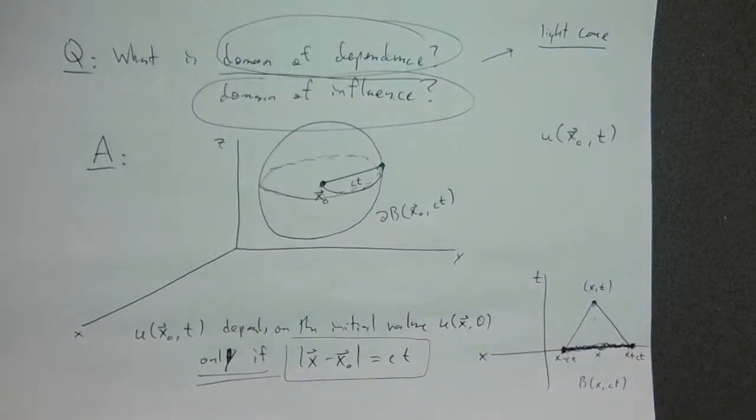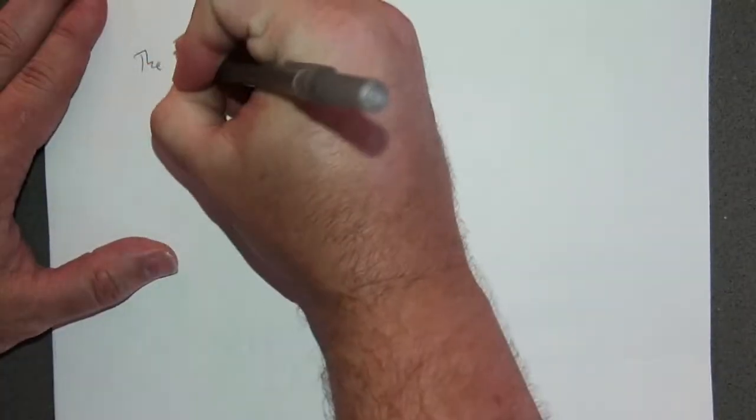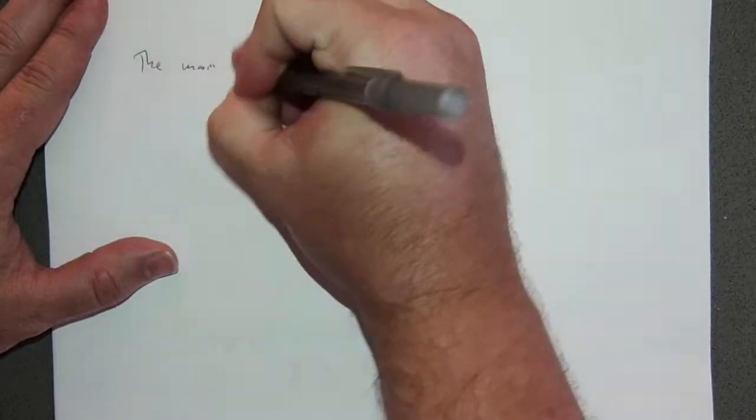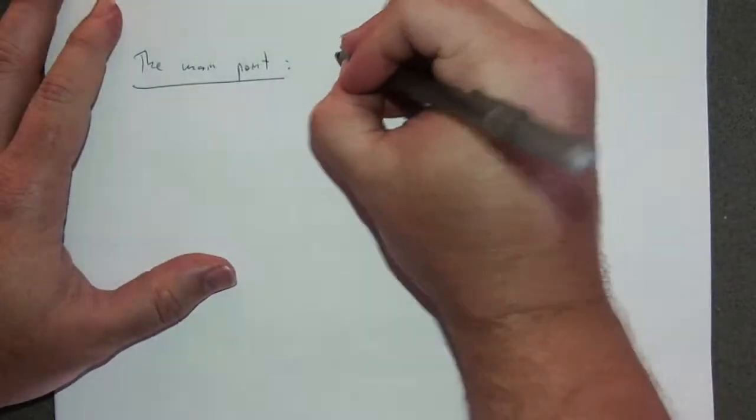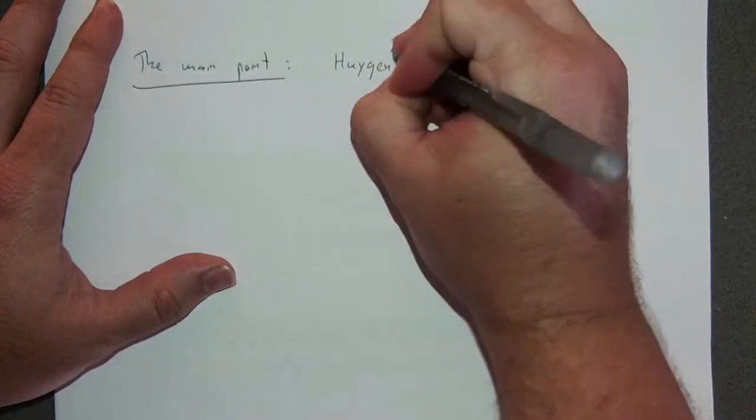So what is the main point of causality from Kirchhoff's formula? Well, what we see is something called Huygens' principle.